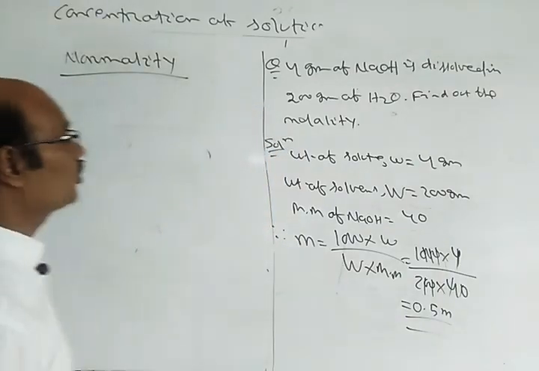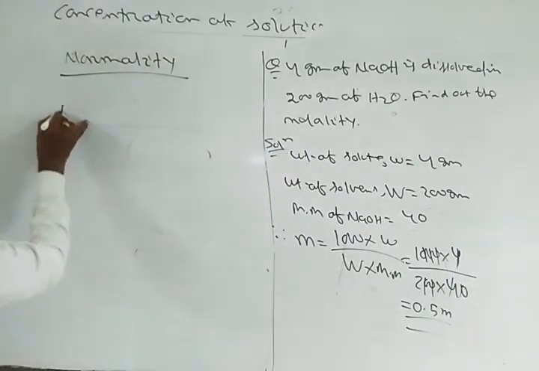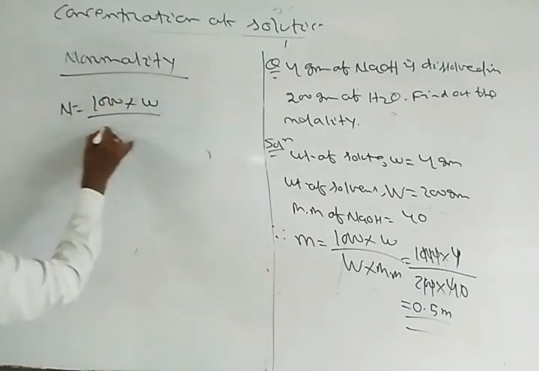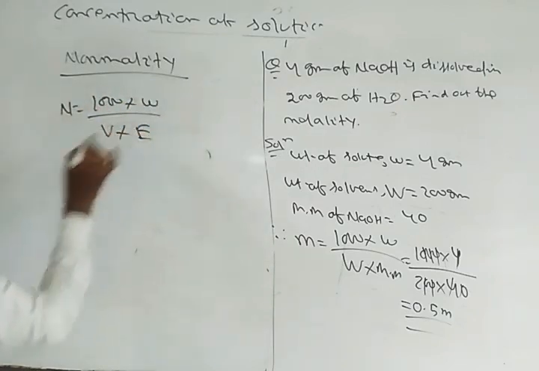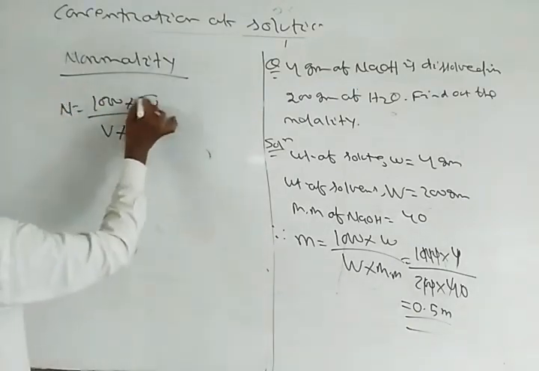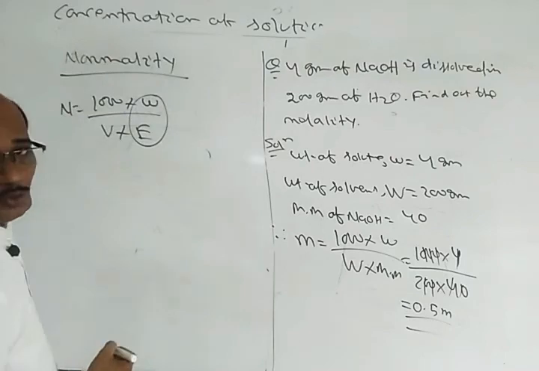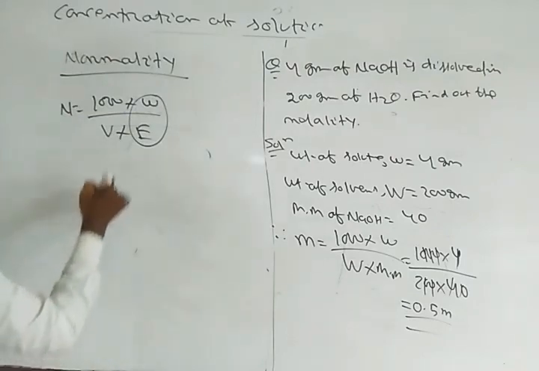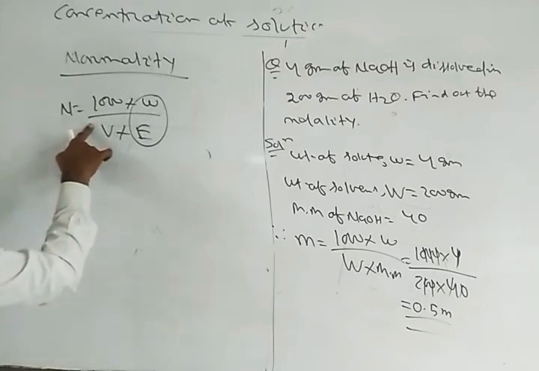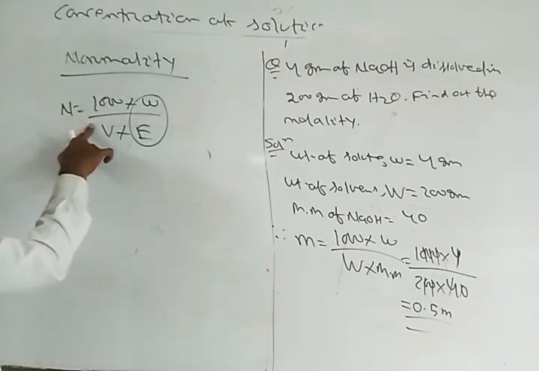That is called normality. So normality N is equal to 1000 into W by V into equivalent mass, where W by E is the number of gram equivalents. So how many gram equivalents of the solute are present in 1000 ml of solution, that is called normality.